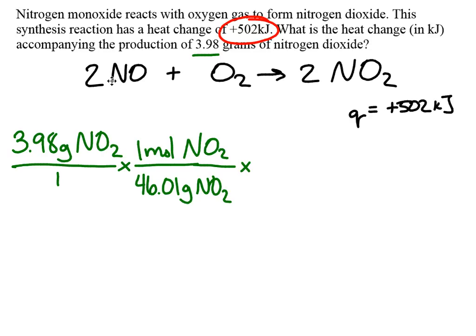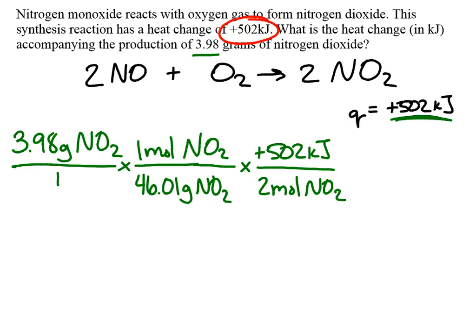Now that I'm at moles, this value right here represents the energy change in this equation as it's written, which means if I have 2 moles of nitrogen monoxide being used, it's going to have 502 kilojoules. If there's 1 mole of oxygen, 502 kilojoules. If there's 2 moles of nitrogen dioxide, that's also 502 kilojoules. So for every 2 moles, as indicated in the equation, of nitrogen dioxide, I have a positive 502 kilojoules energy heat transfer.